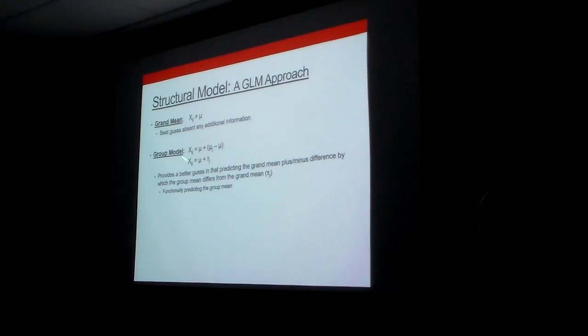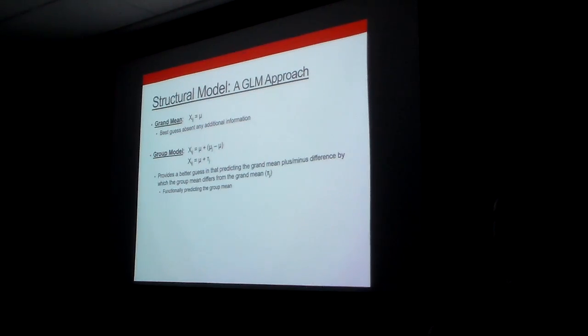Say the grand mean is 5'8", the mean of women is 5'6", and the mean of men is 5'10". So we've got a plus or minus 2: for women it's -2, for men it's +2. If I take the grand mean +2, that's just the mean of men. If I take the grand mean -2, it's just the mean of women, right?